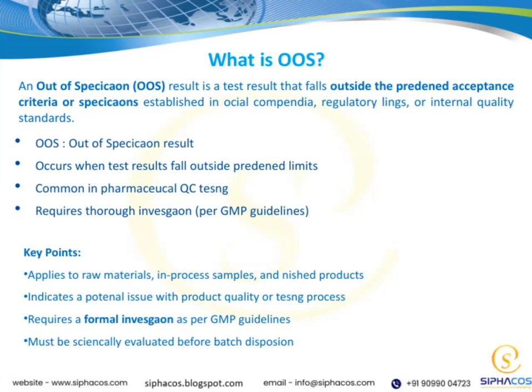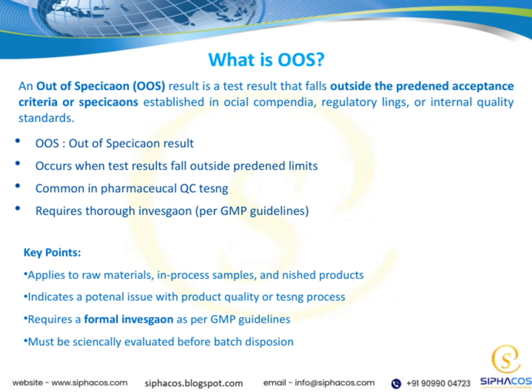Now, let's take a closer look at the key points related to out-of-specification, or OOS, results. First, it's important to understand that OOS applies not only to raw materials, but also to in-process samples and finished products. Essentially, anytime we test a product or material, an OOS result indicates there might be a potential issue with its quality or the testing process itself.